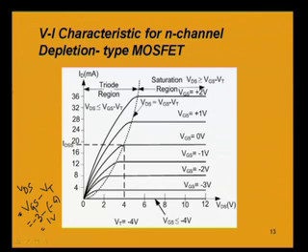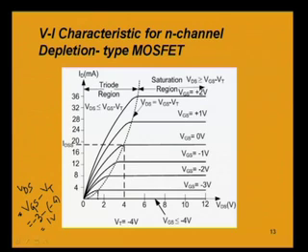So, that means that the current between drain to source will become saturated. It will not increase beyond this value at a voltage equal to 1 volt. So, around 1 volt we get the saturation of the drain to source current.